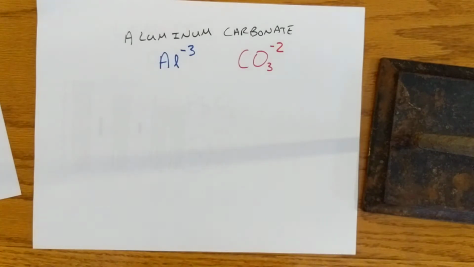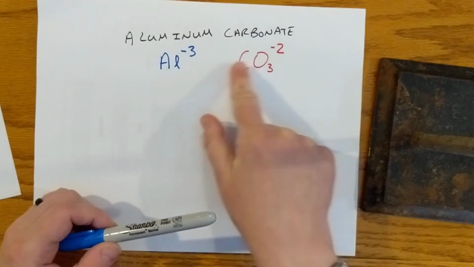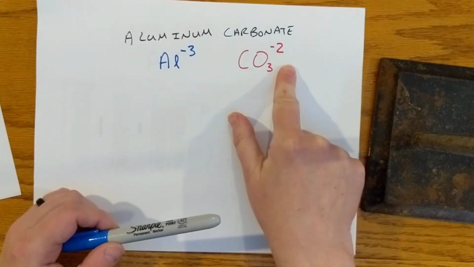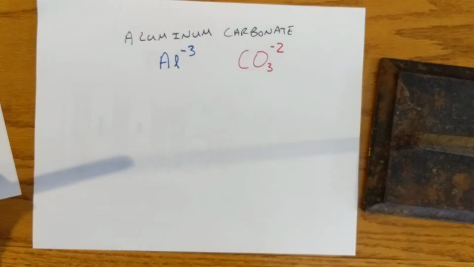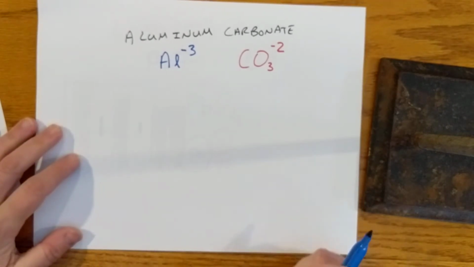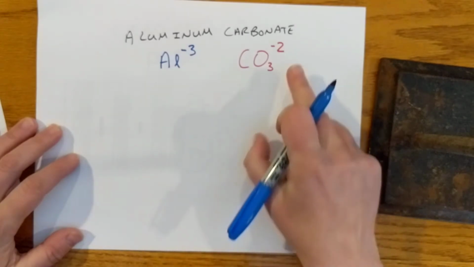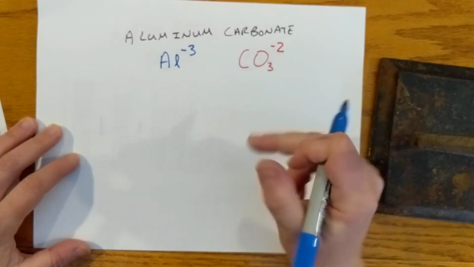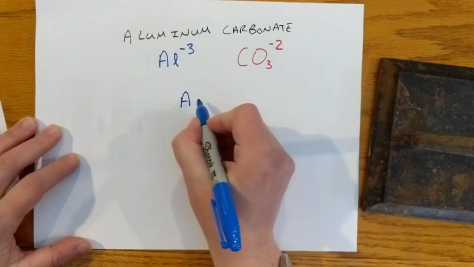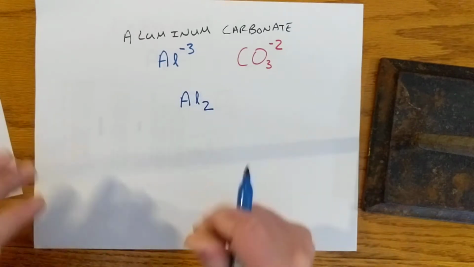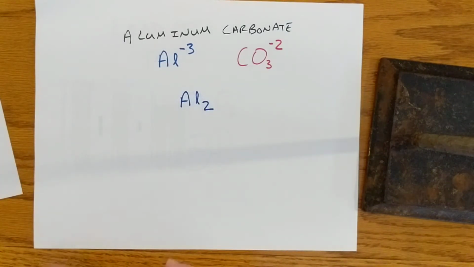Now, a little bit of a trick that you can use with something like this. This one, it's harder to figure out what charges I need than it was with the lead 4 oxide. But I can use a trick called flop and drop. So I can take this -2 and make it the subscript for the aluminum.